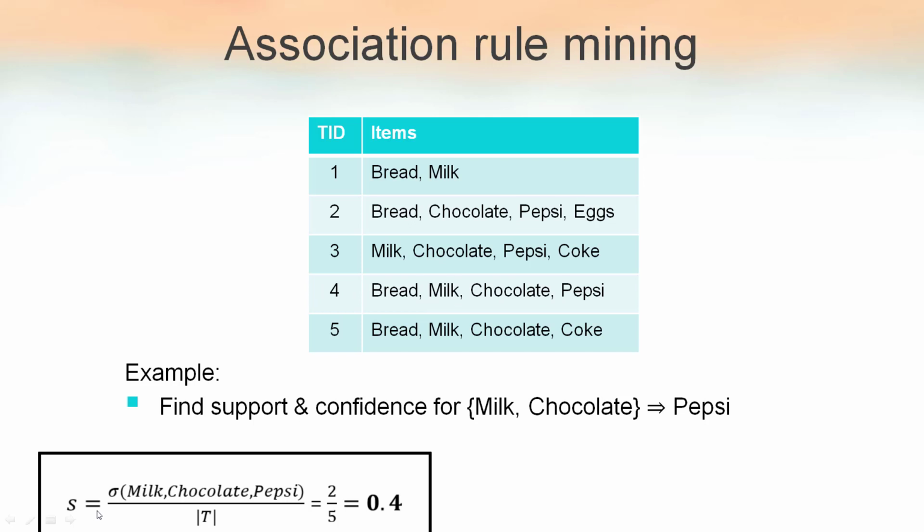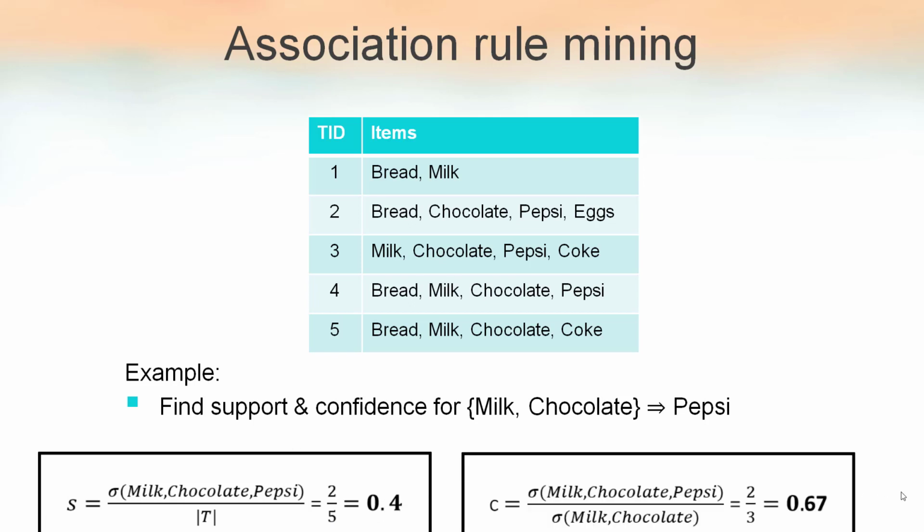Support of the rule is equal to 2 divided by 5, meaning we have a total of 5 transactions and in 2 transactions we can see milk, chocolate and Pepsi together. So 2 divided by 5 is equal to 0.4. This is support.